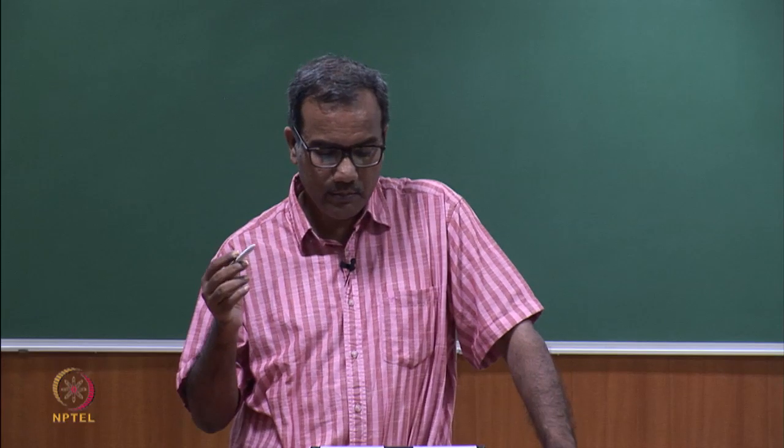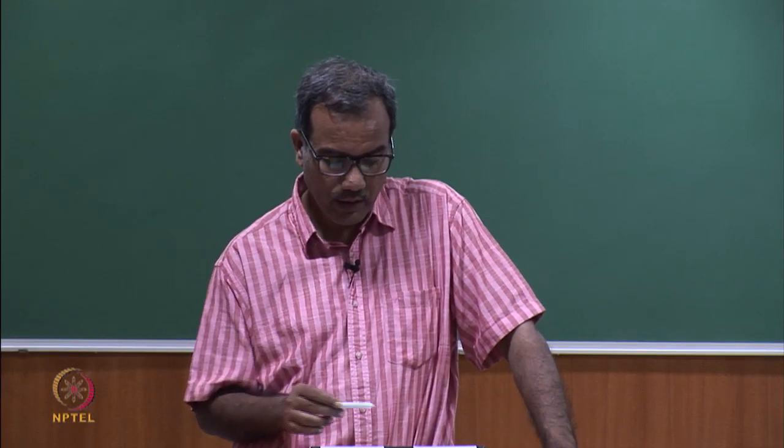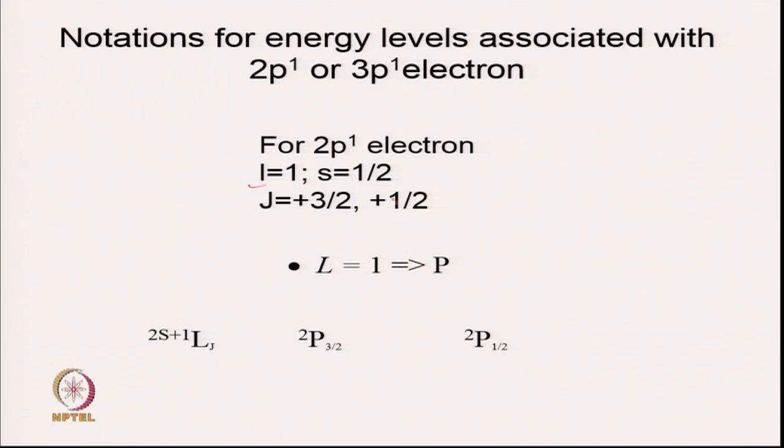If you have electrons in the 2p level, then L is equal to 1, s is equal to half. For any p level you have L is equal to 1 and s is equal to half, then j will have two different values, plus 3 by 2 and plus half.